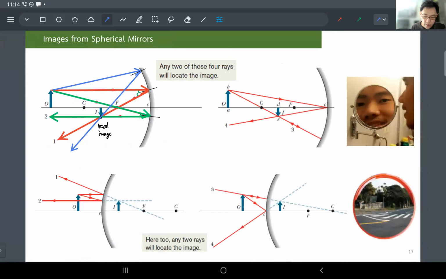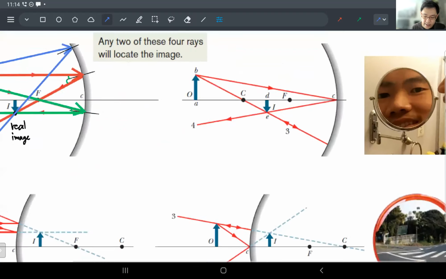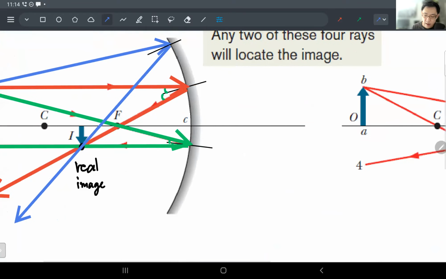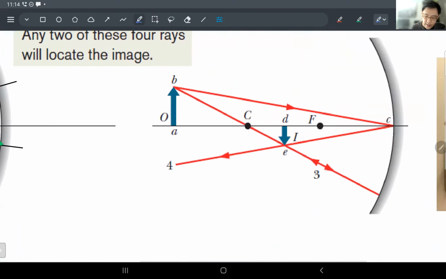So what can we do to figure out the location of the image? It's just by some relationship between the distances and all that. I'm going to give you the equation a little bit later. But the point I'm going to make next is this. If you notice, the original height of this object is this high.